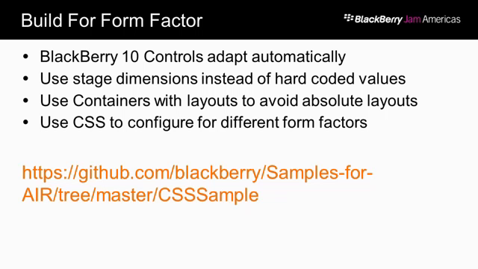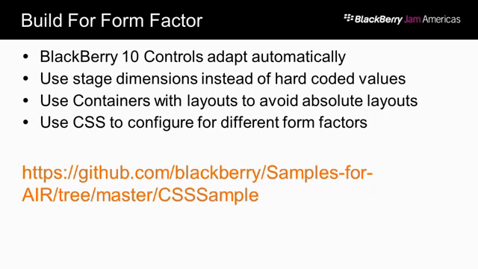So whether you run it on the Q10 or the Z10, you create a button and just put it on the stage. It'll get sized appropriately for you, and the text size will be sized appropriately depending on the DPI of the device. So we've done a lot of things that make it really, really easy for you to bring your application and put it on the different devices.